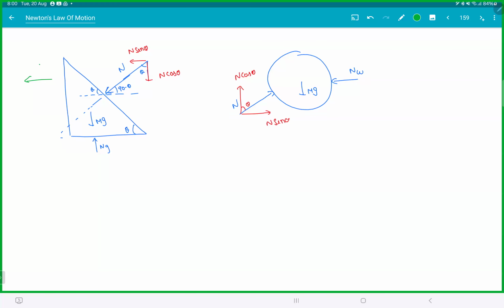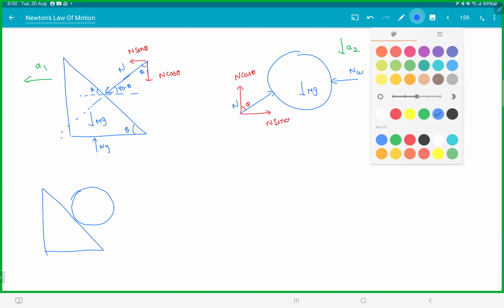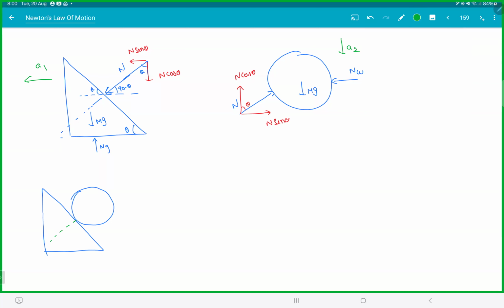Let this guy go a1. Let this guy go a2. Rigid body constraint. This is your normal. This is going with a2. This is theta. So this component is a2 cos theta.